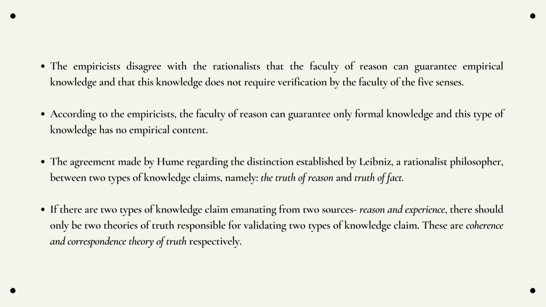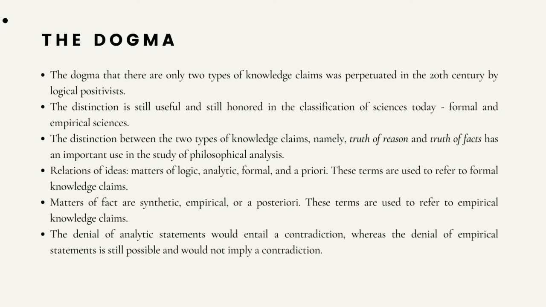Next is the dogma. So first, let us define the term dogma. According to Oxford Languages, it is a principle or set of principles laid down by an authority that is or are accepted by the members of a group without being questioned or doubted as incontrovertibly true. So ang sinasabi lang dito na the dogma that there are only two types of knowledge claims, truth of reason and truth of facts, was perpetuated in the 20th century by logical positivists.